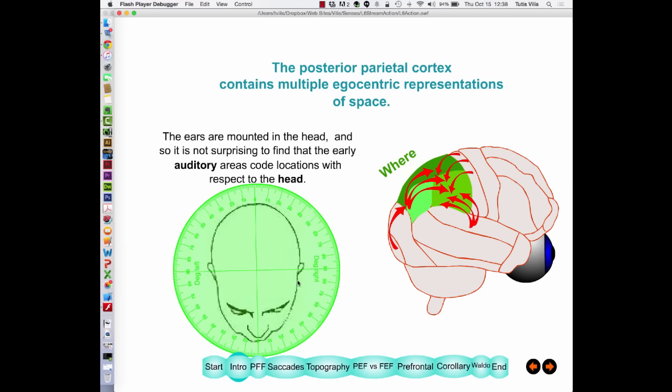When you hear with your ears, those are located in your head. And when you hear a sound to your left, it's to the left of your head that you're talking about. So if you turn your head towards a sound, it's then coming directly towards the head, and both your ears hear it equally.